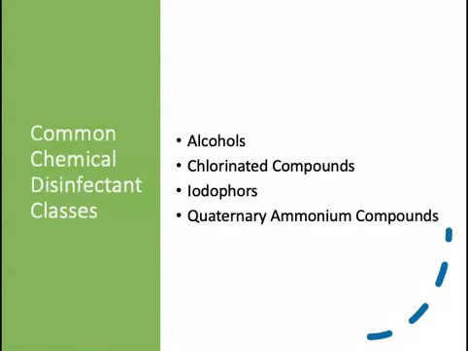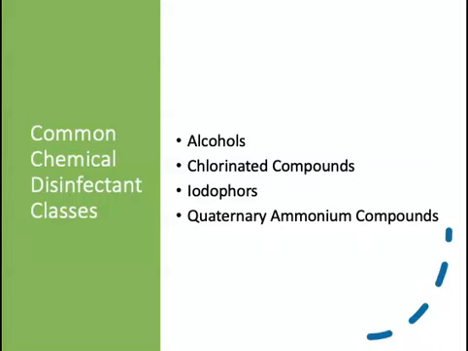We're going to switch gears now and start talking about the classes of disinfectant chemicals that are available to us. There are 4 large classes that are most commonly used in healthcare settings and in other professional or commercial settings, as well as used in the home in order to control the growth of microbes.